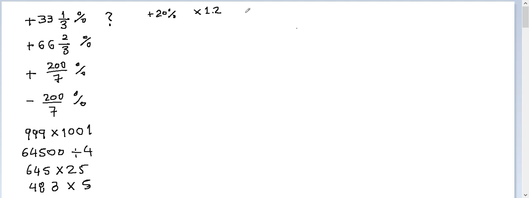First of all, 33 and 1/3% means 33 plus 1/3%. It means that 33 times 3 is 99 plus 1, 100/3%. It means also 100 over 3 divided by 100.